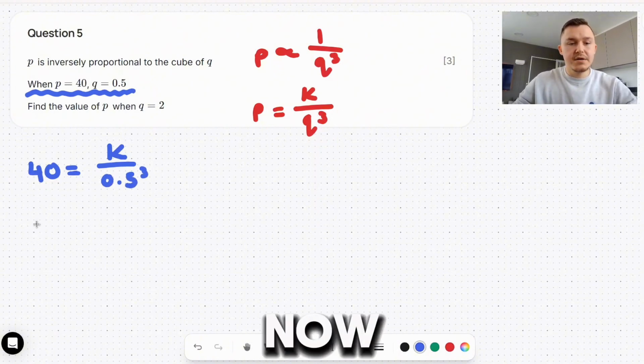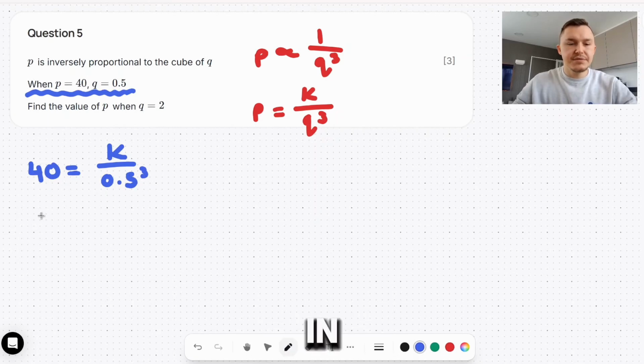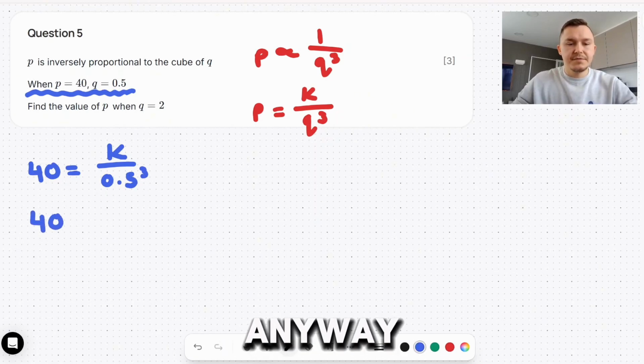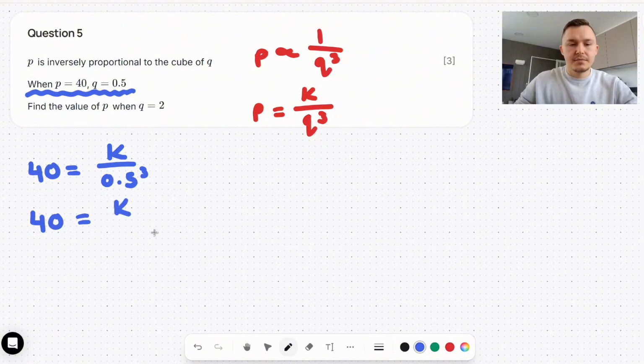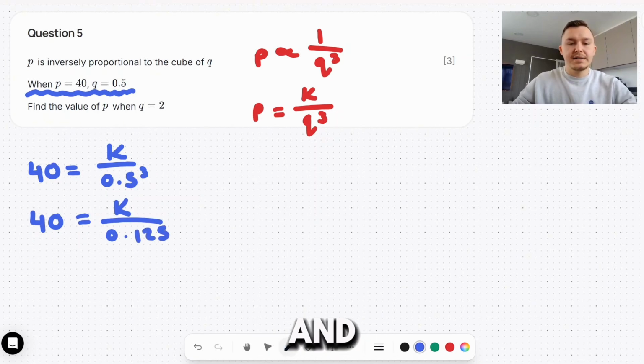We can solve this now. The numbers might be a little bit easier in the real exam for paper 1, but let's do it anyway. 40 is equal to K. It's not too bad actually. Over 0.5 cubed is 0.125.